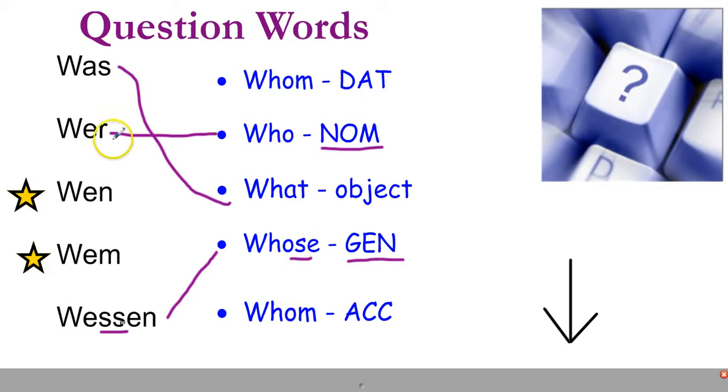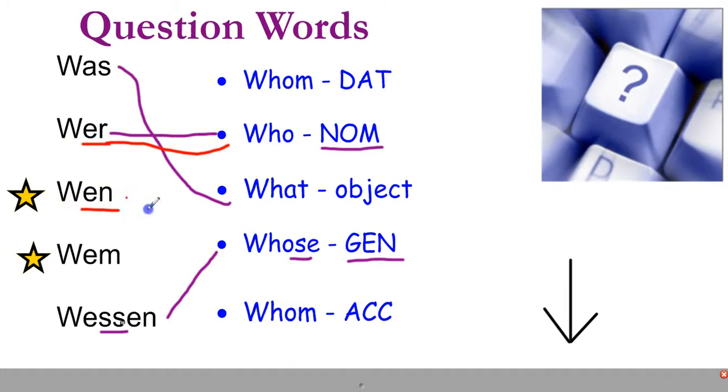So wer, as we said before, is who. So that's when it's the subject of the sentence. Think wer, der. We have the definite article chart. Der, die, das, die, den.